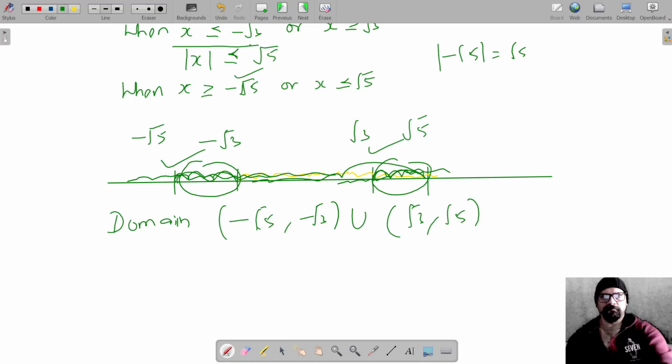We can also include the endpoint values, so let these be the closed intervals, negative root 5 to negative root 3 or root 3 to root 5. So this is the domain: the union of negative root 5 to negative root 3 and root 3 to root 5.